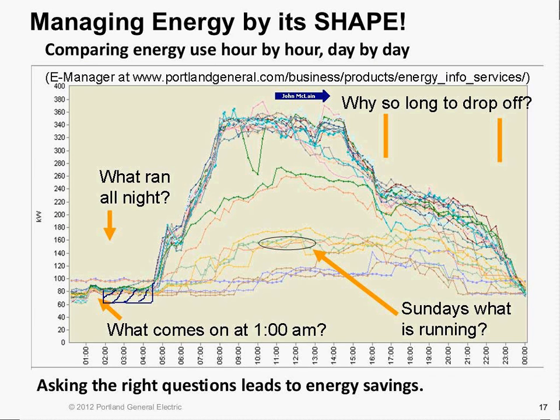So they changed the contract and said, look, I want you to work in one part of the building at a time while the rest of the buildings are off, and only turn the lights on in the room that you're cleaning. And again, they had a dramatic change.